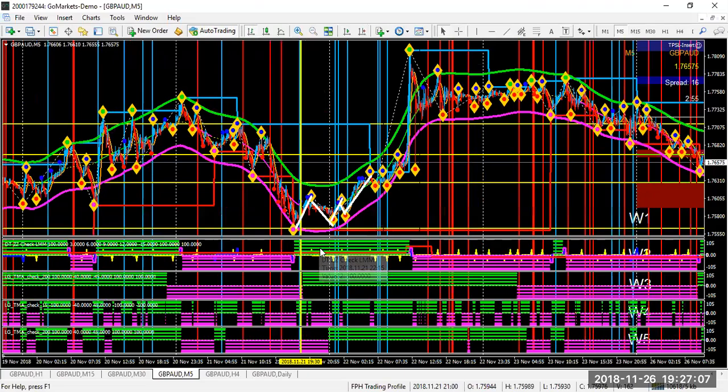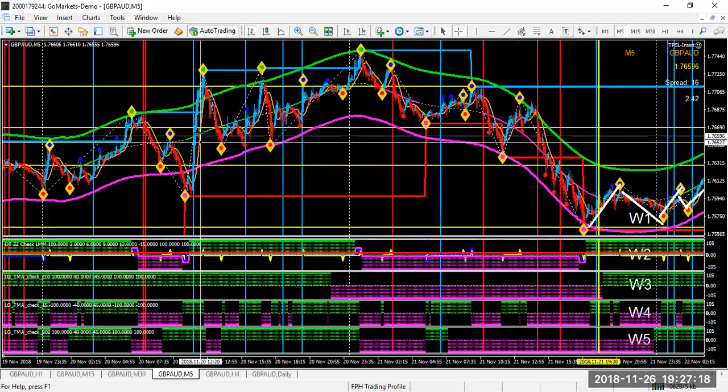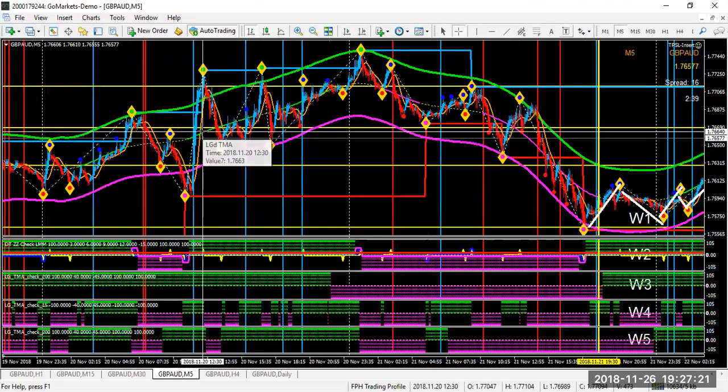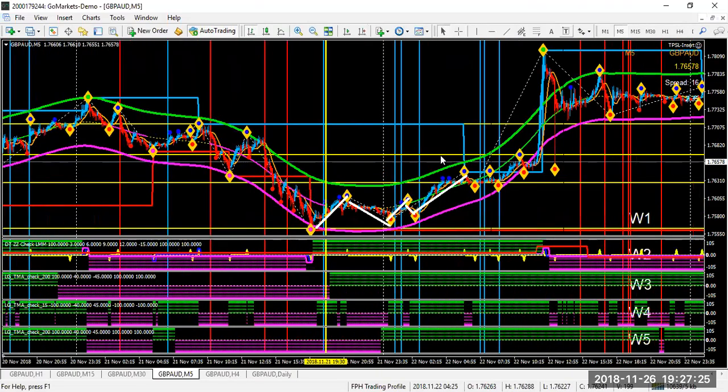Okay, so this is what this shading helps you do. Each time one of these diamonds came up, what you'll notice is that you get a current time frame diamond with a white line joining it, but there's still green shading.